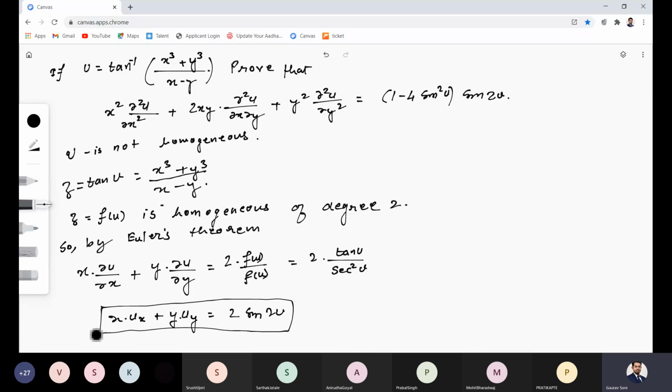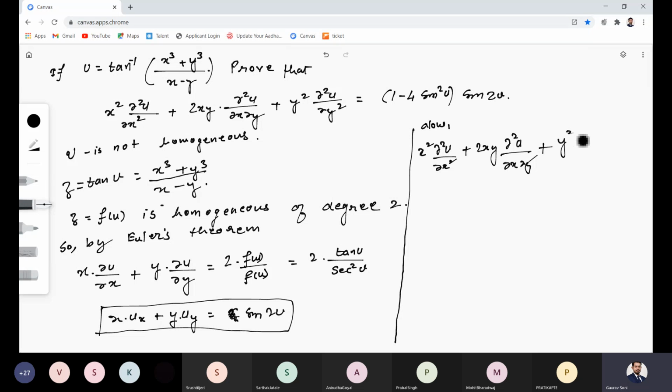Okay, but we are not supposed to find this. What we need is this expression: x square second derivative of u with respect to x square plus 2xy second derivative of u with respect to x and y plus y square second derivative of u with respect to y square.